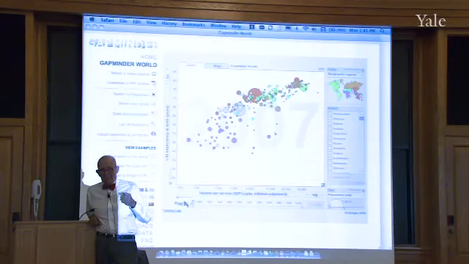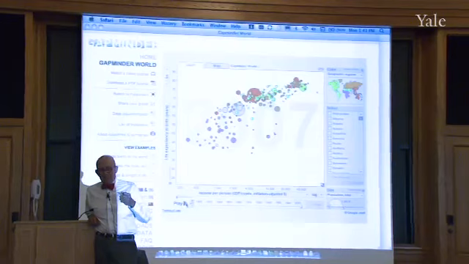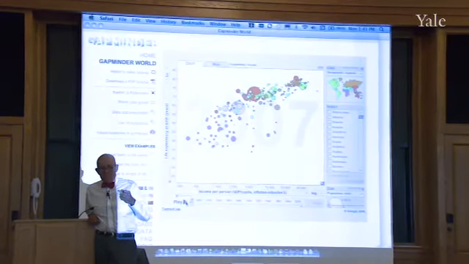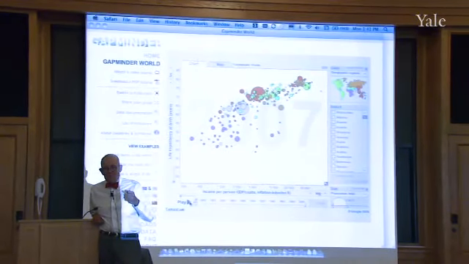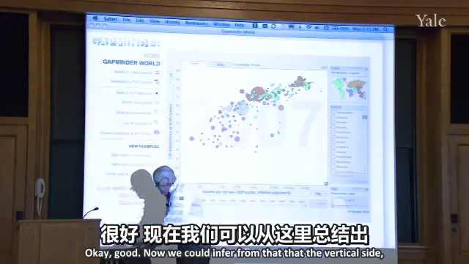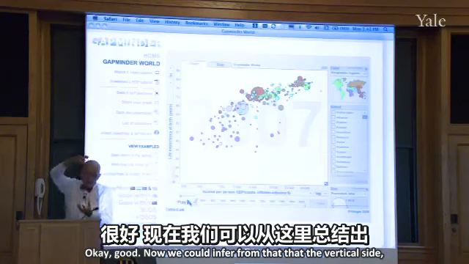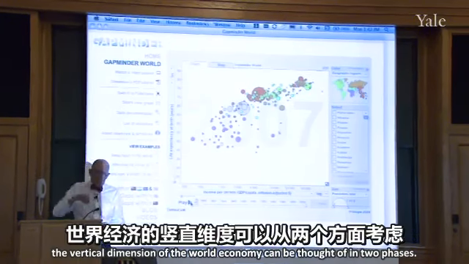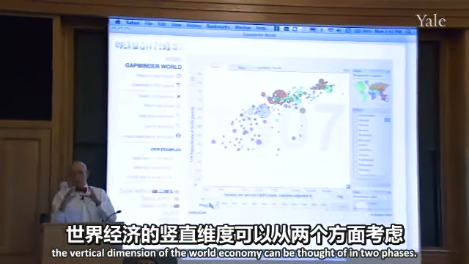For example, in the countries in Africa there are still social classes, people who are able to attain a quality of life that is available to a very high degree, while in the countries way up there, there are still social classes too. Okay, good. Now, we could infer from that that the vertical dimension of the world economy can be thought of in two phases.